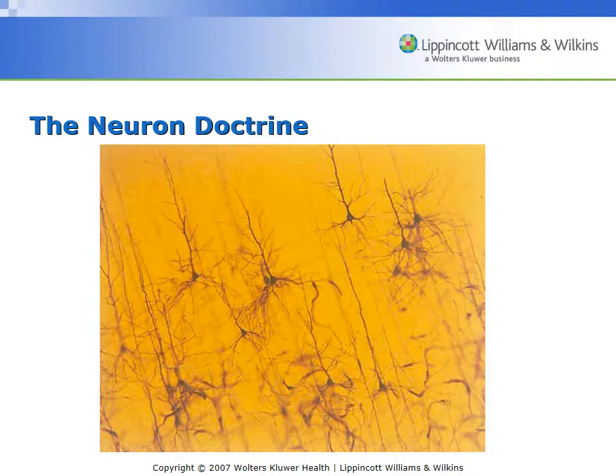This revealed that neuronal cell bodies, the regions around the nucleus that are shown in the Nissl stain, are actually only a small portion of the entire structure of the neuron.